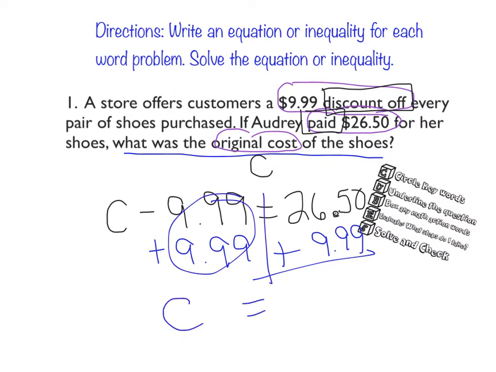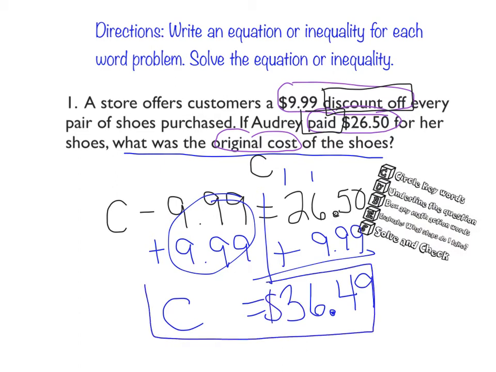And then if I add this, remember to line up your decimals. 0 plus 9 is 9. 5 plus 9 is 14. Carry my 1. Bring my decimal down. 6 plus 9 is 15. Plus the 1 is 16. Carry my 1. 1 plus 2 is 3. So she paid $36.49. Remember, when it is a word problem, you should have a label, and our label is the money.